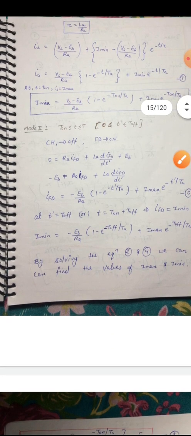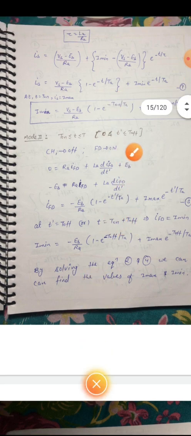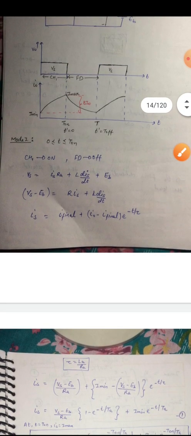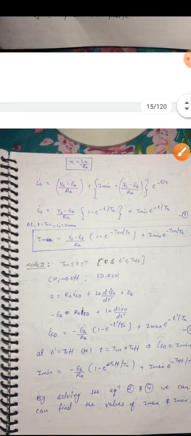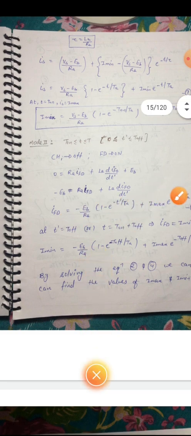So what we get is Eb by Ra, with Vs as 0, and instead of t on you get t off, because at t equals t off, Is is 0 and the freewheeling diode current, or I naught, equals I minimum. So IFD becomes I minimum at t equals t off.